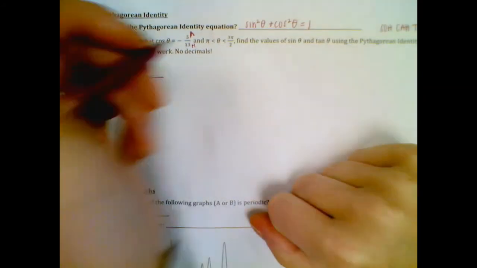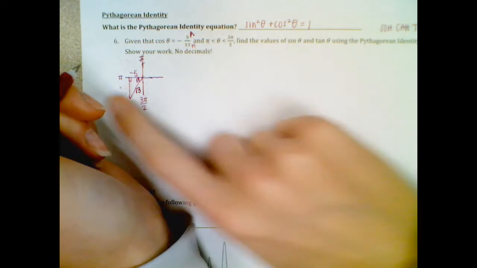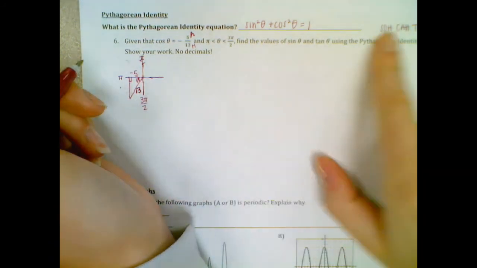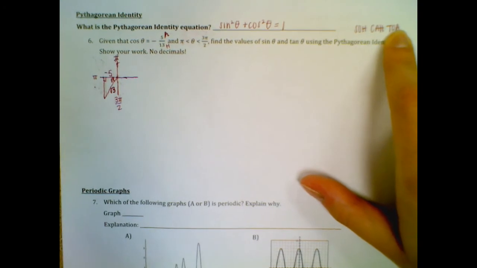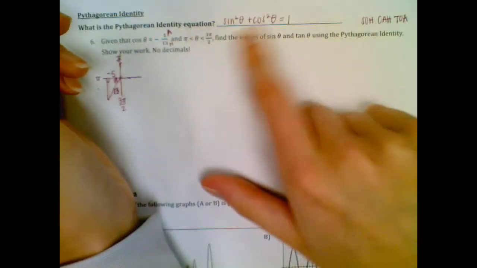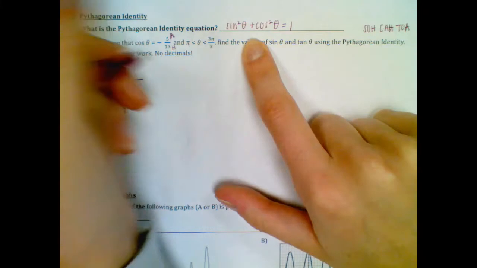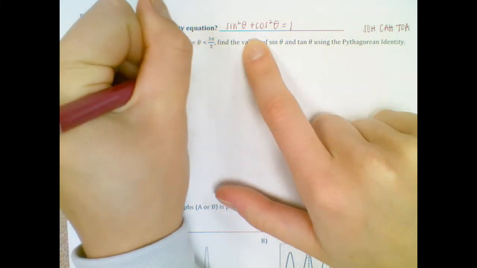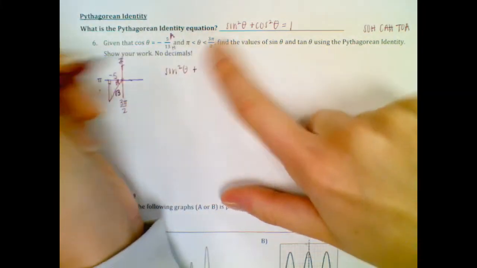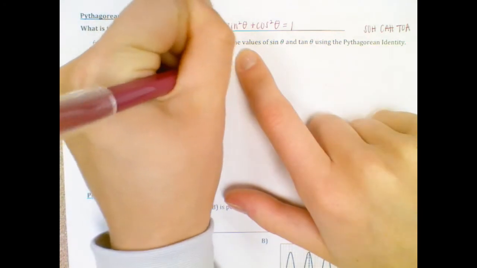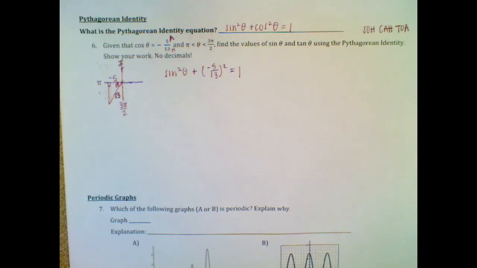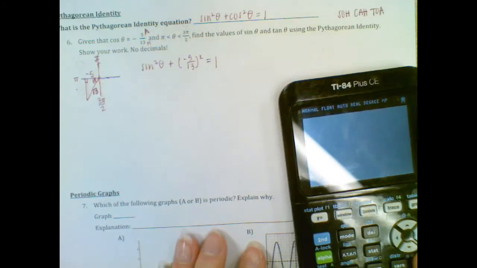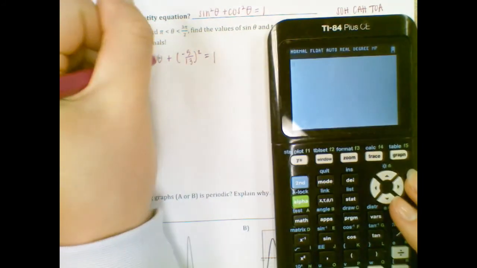Okay, whew. Now, like I said, we need to find the opposite side in order to fill in sine and tangent, right? So let's set this up using the Pythagorean identity. So sine squared theta, we're going to find that guy first, plus cosine is negative 5/13 squared equals 1. All right, so let's plug that in and simplify this thing.